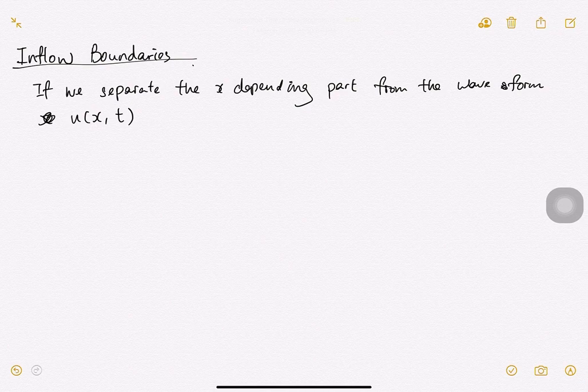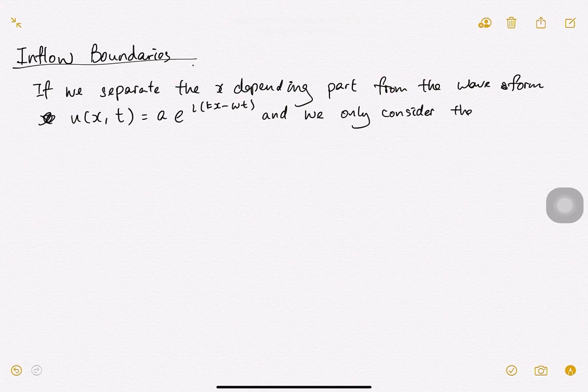If we separate the x dependent part, e to the power of i(kx minus omega t), and we only consider the real part, then we can rewrite the equation.